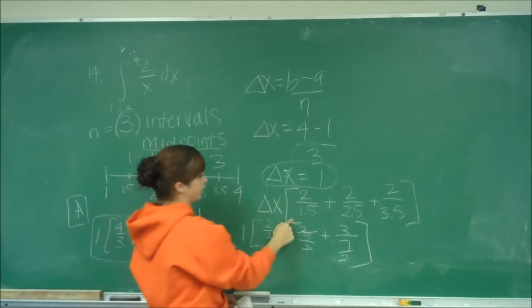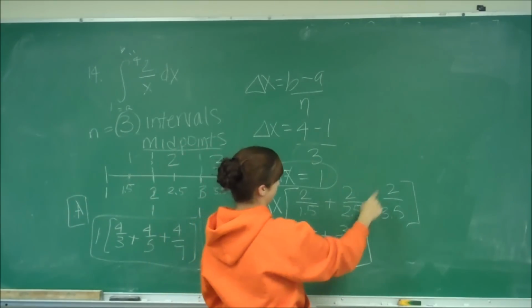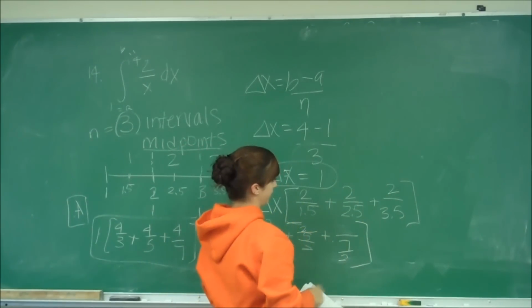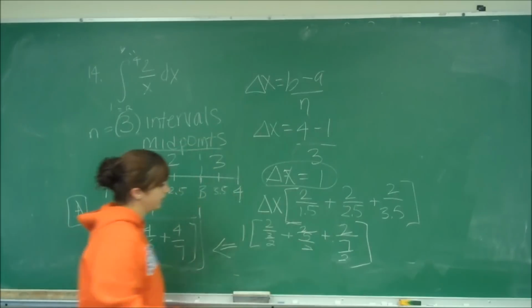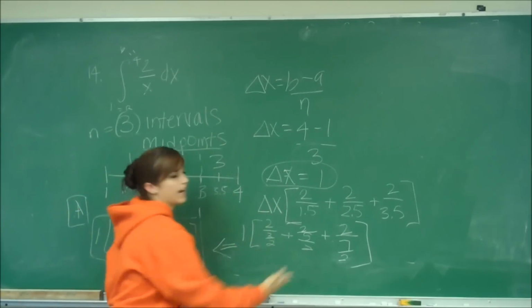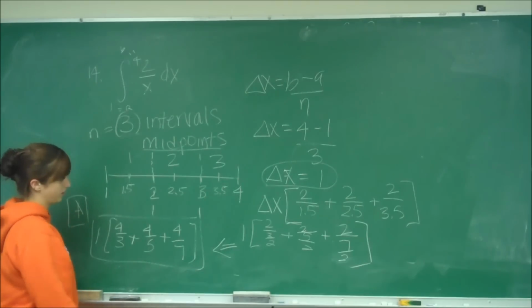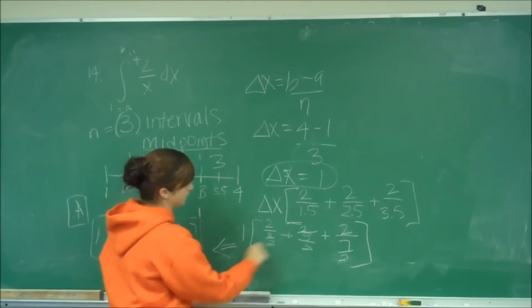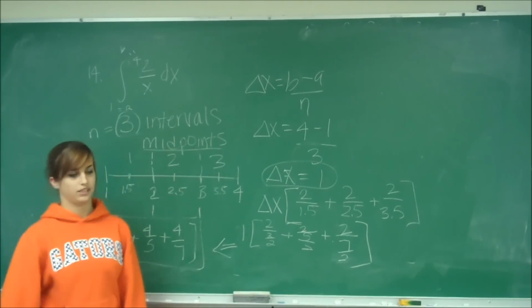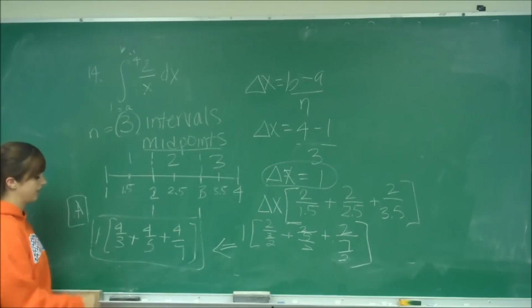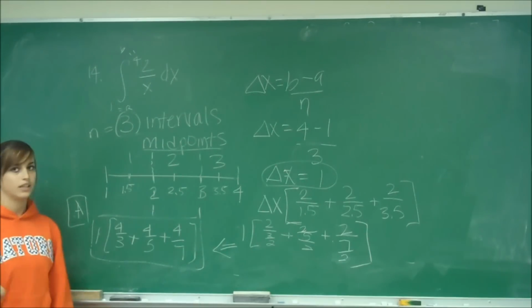I have 2 over 1.5 plus 2 over 2.5 plus 2 over 3.5. I change that to fractions because they want the answer in fractions. If my delta x was 2, I'd have to multiply 2 by all of this, but delta x was only 1, so I multiplied by 1. Okay? That's number 14.